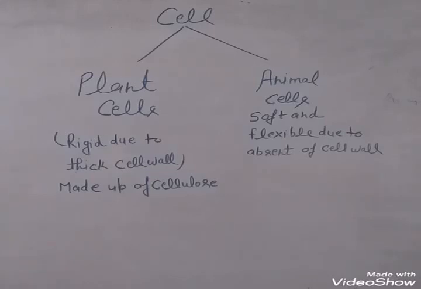Plant cells contain plastids. Do you know what a plastid is? Plastids are types of chloroplast which are used in photosynthesis and storage of food materials. But in animal cells, plastids are not present, so they cannot perform photosynthesis.